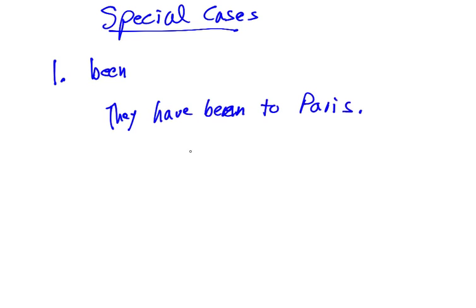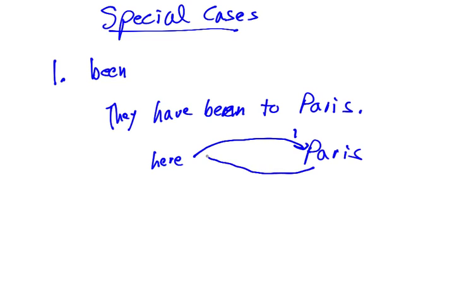Okay, the meaning is, here we have here, and here's Paris. So the meaning is, they've gone there, step 1, and they've come back already, step 2. So have been has the meaning of go and come back already.